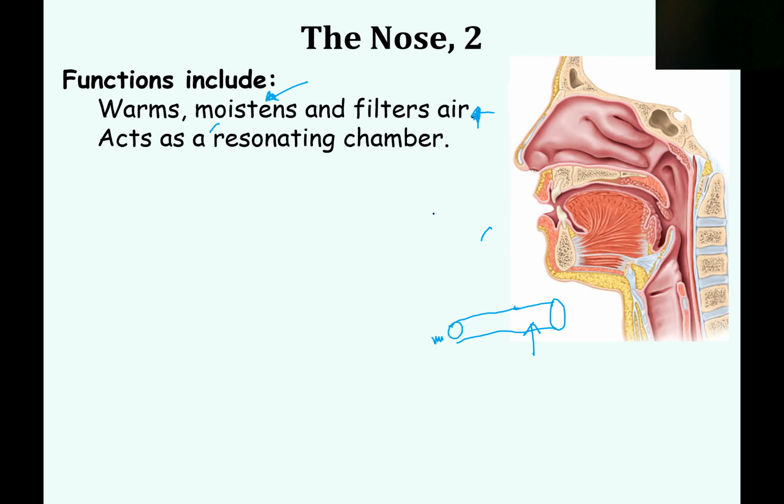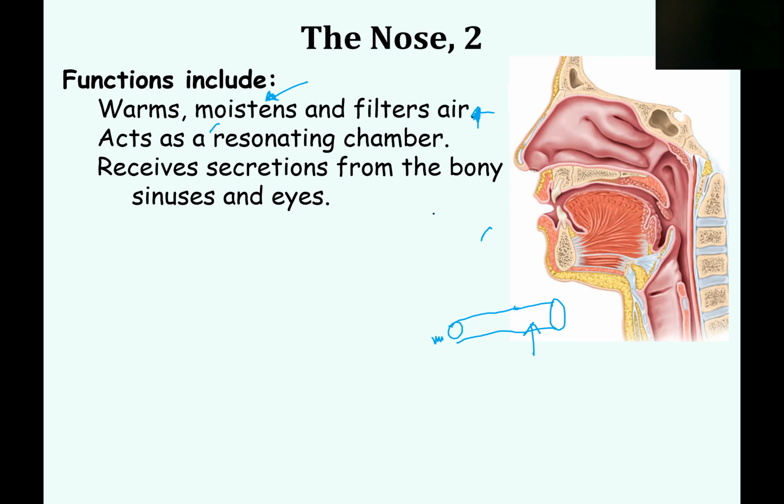So it acts as a resonating chamber. The sound waves are going to bounce around and get amplified. It receives secretions from the bony sinuses and the eyes. In this picture, you can see the frontal sinuses and the sphenoid sinuses.